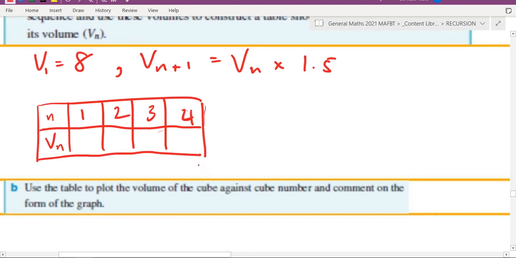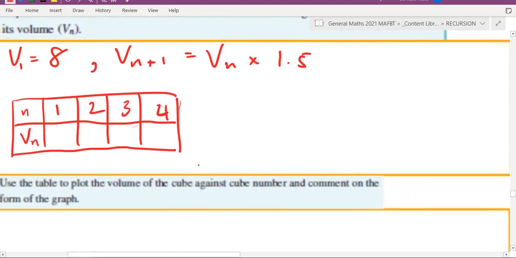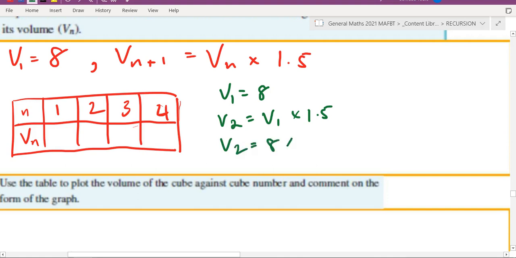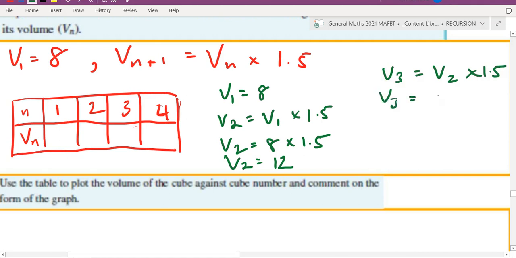Alright, so again, show your working out for this because that's what they want you to show in the SAC or the exam. So V1, I know is 8, easy. V2 must be V1 times 1.5. So V2 is equal to 8 times 1.5. V2 must be 12. Okay, V3 is going to be V2 times 1.5, which means that V3 is 12 times 1.5, which equals 18.